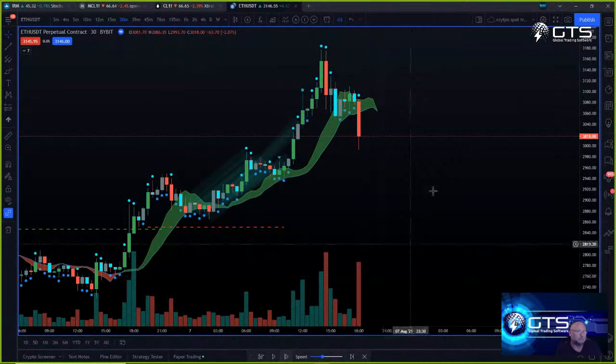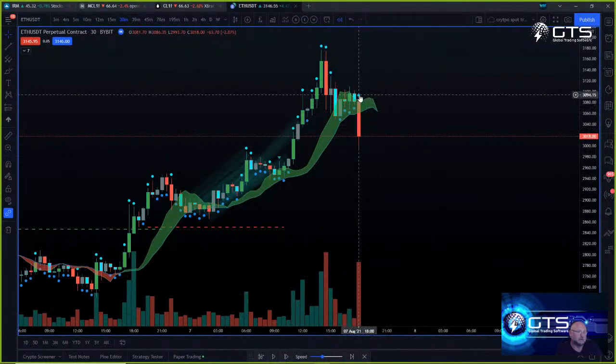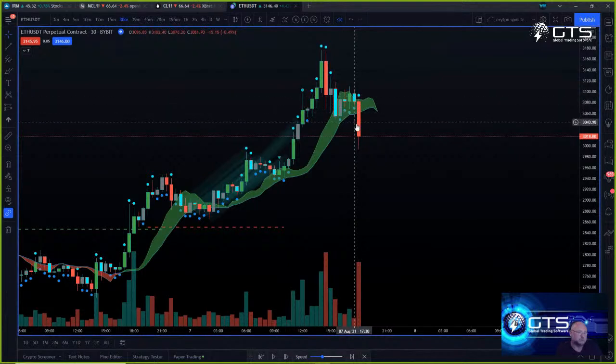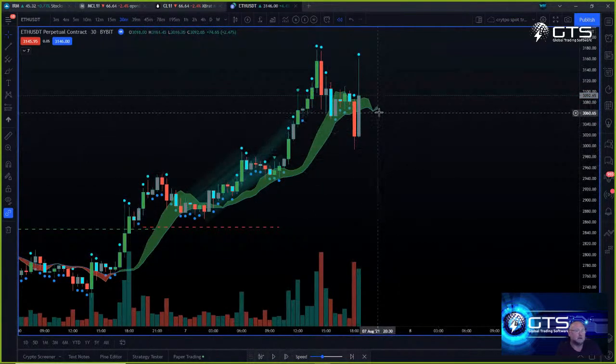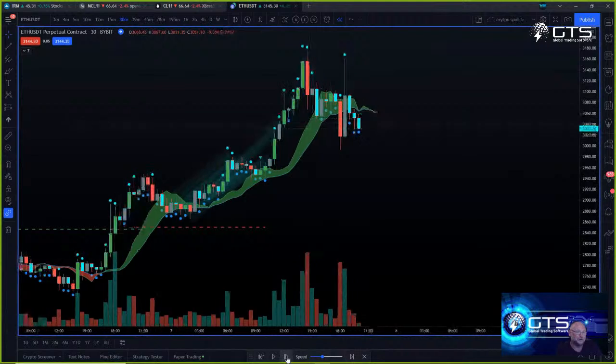Whoa, now we get another one here. We get a high volume distribution candle coming here. Cloud's not changed yet. What happens next? Now, whoa, the cloud doesn't change. The candle close, it doesn't change. Oh my Lord. Now it's changed just here.